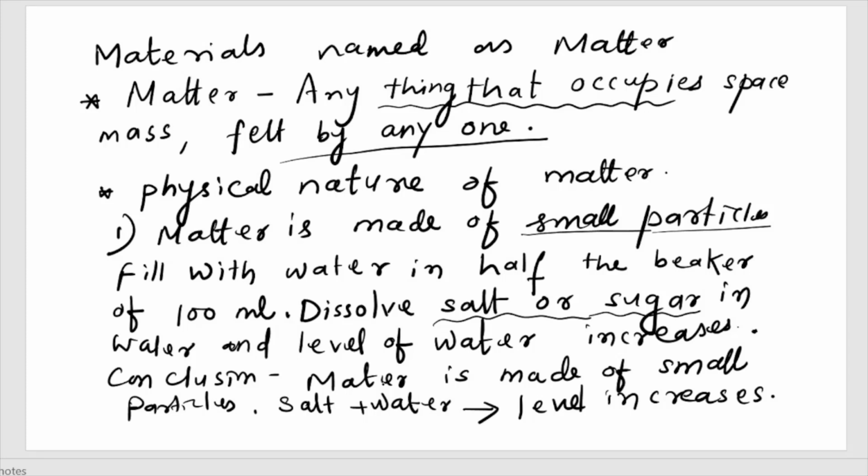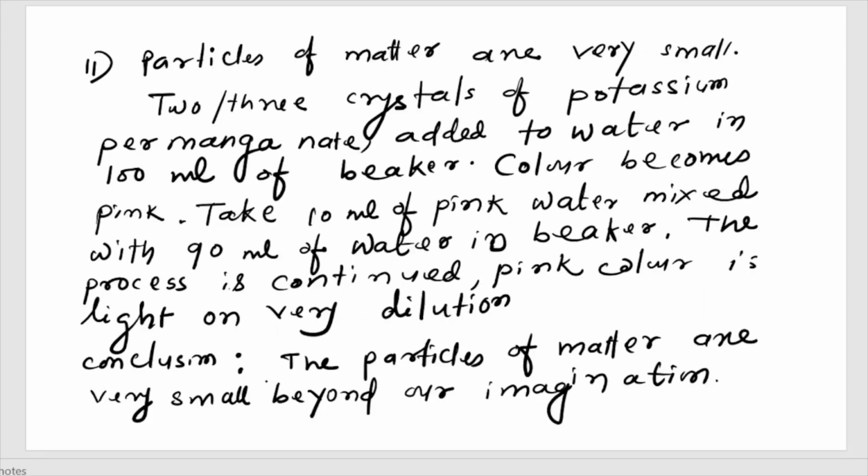When you add salt or sugar, anything soluble in water, you check the level of water. Yes, it increases. What is the conclusion? Matter is made of very small particles. Example: salt plus water, the level of solution does not rise much, showing matter is made of very small particles.